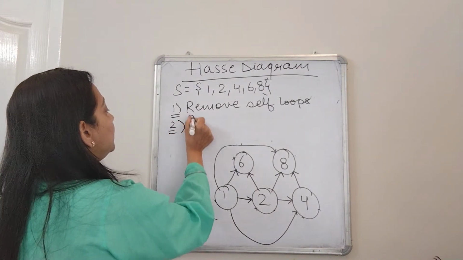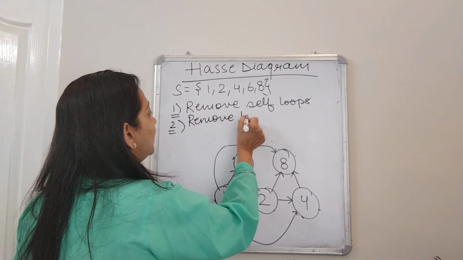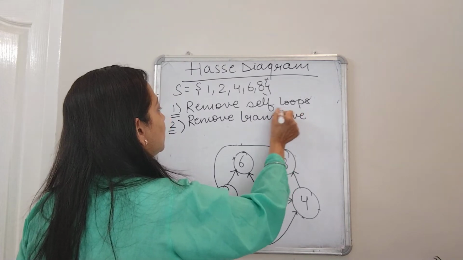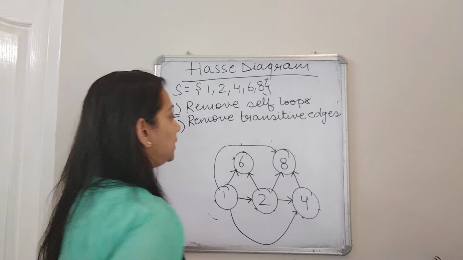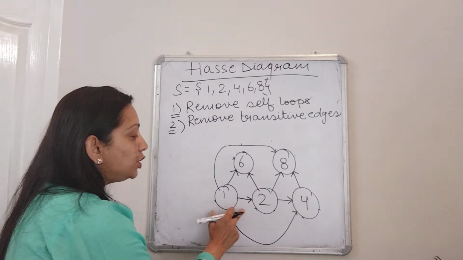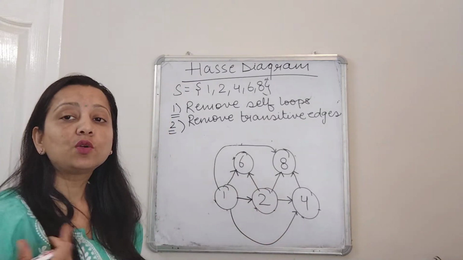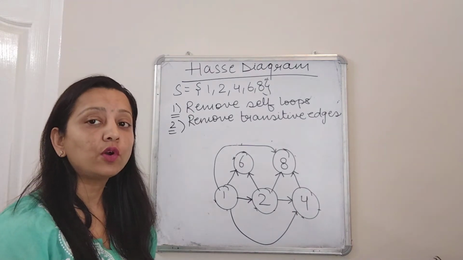Okay, now the next step is to remove all the transitive edges, right? Transitive edges means if there is an edge from 1 to 2 and there is an edge from 2 to 4, it is quite obvious that there will be an edge from 1 to 4 also.